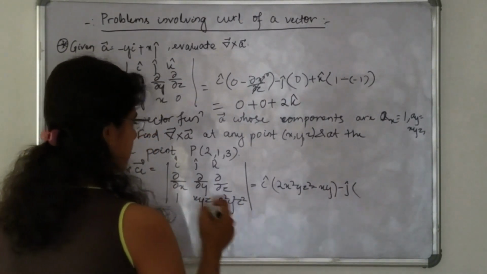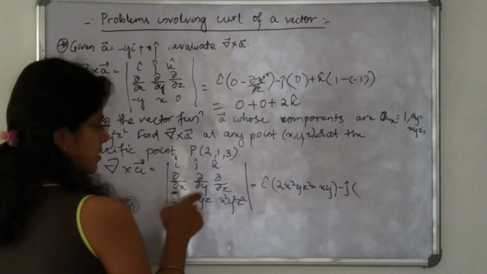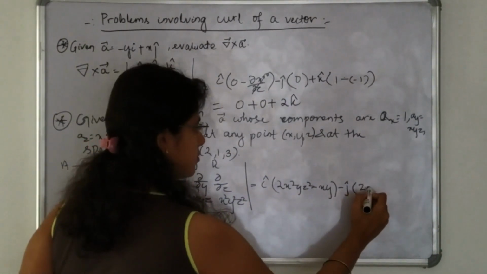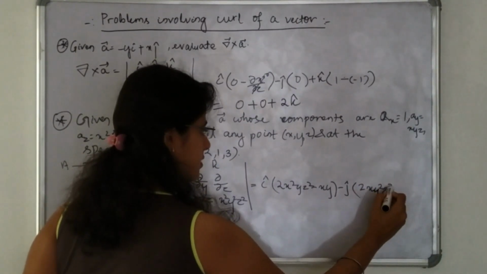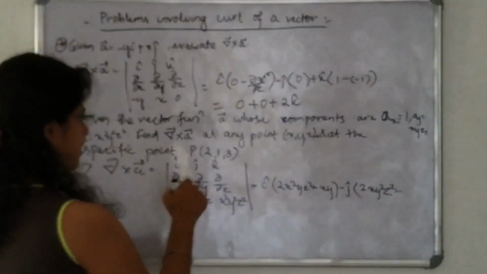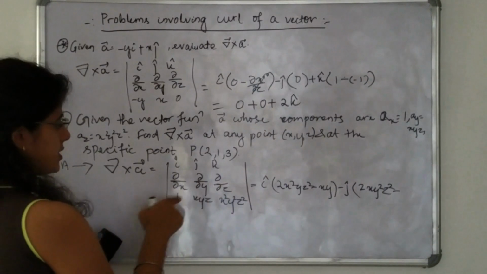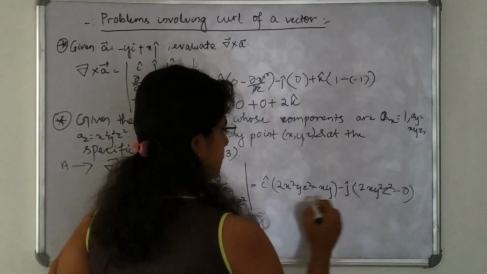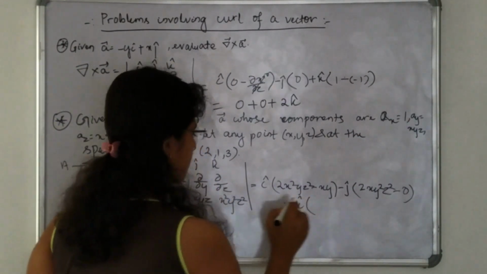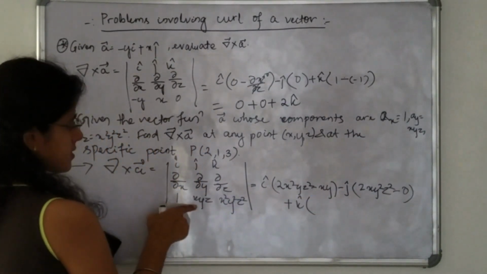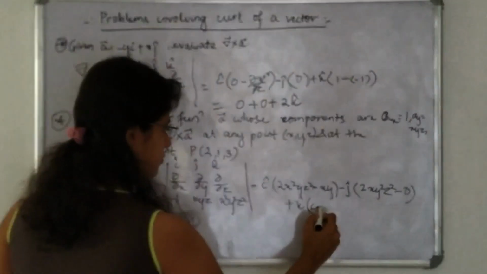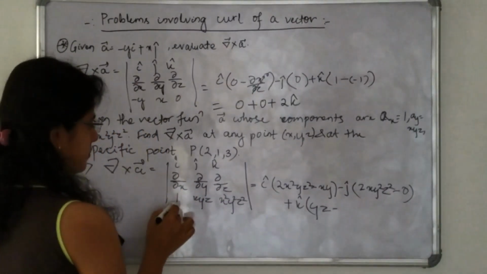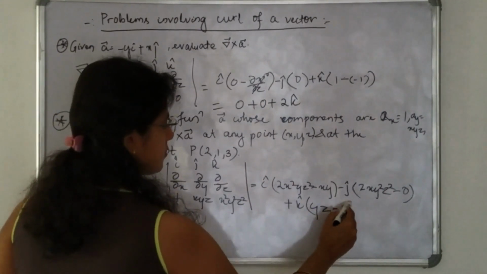Minus j cap into del by del x of x square y square z square, that is 2x y square z square, minus del by del z of 1, that is 0, plus k cap of del by del x of xyz, which is yz, minus del by del y of 1, which is 0.